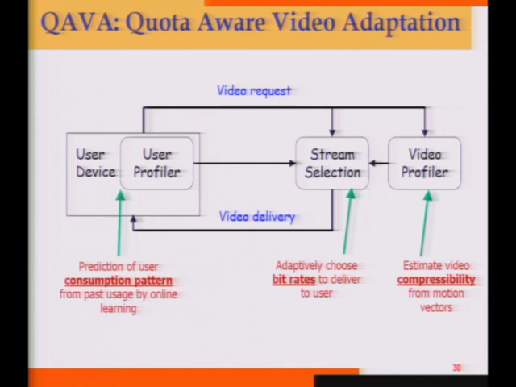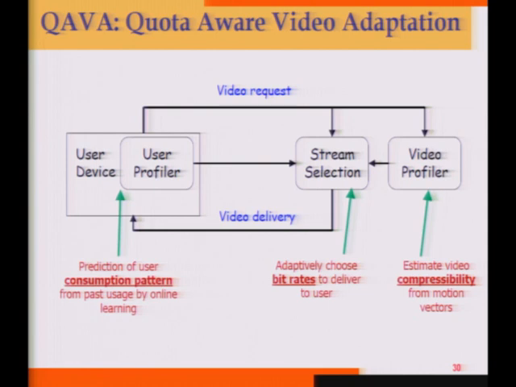This figure shows a high-level system architecture of the prototype that we have made. You have a user device, which is one module, and you have two other modules, a stream selection module and a video profiler module.